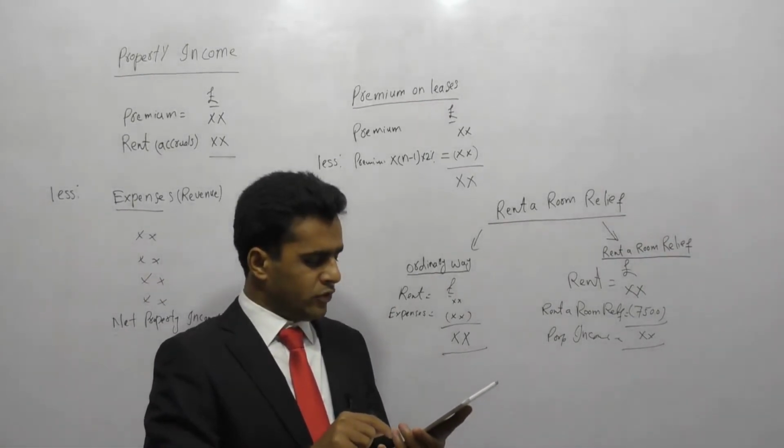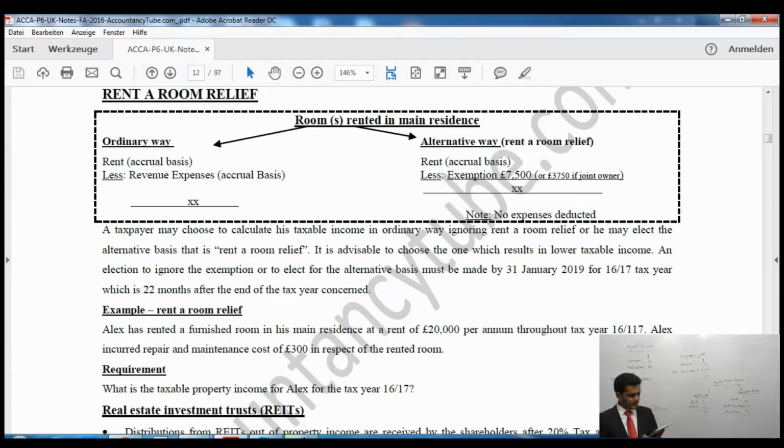Now if you see on your screen, that is rent a room relief. There are two ways to calculate it. The first one is the ordinary way, and the other one is the alternative way. In the ordinary way, we take the rent on the accrual basis, and we deduct revenue expenses out of that.